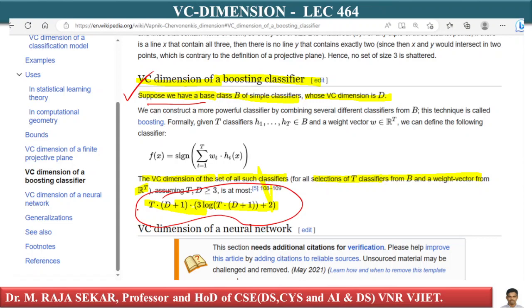It's related to statistical machine learning. There is also an interesting bound which is very important. Just try to refer to this Wikipedia page on the VC dimension of boosting classifiers and try to understand this formula.